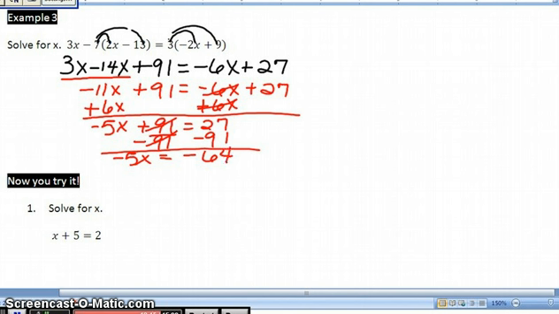Now I need to take care of the 5, and I'm going to divide both sides by negative 5. And I am left with, as a solution, x equals, and you can leave it either as 64/5, knowing that a negative divided by a negative is a positive, or you could write this as a decimal, 12.8 if you like, or simplify the fraction.